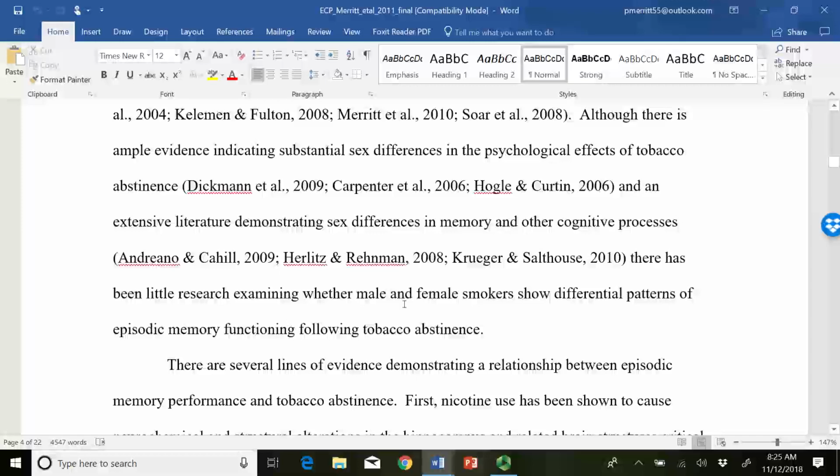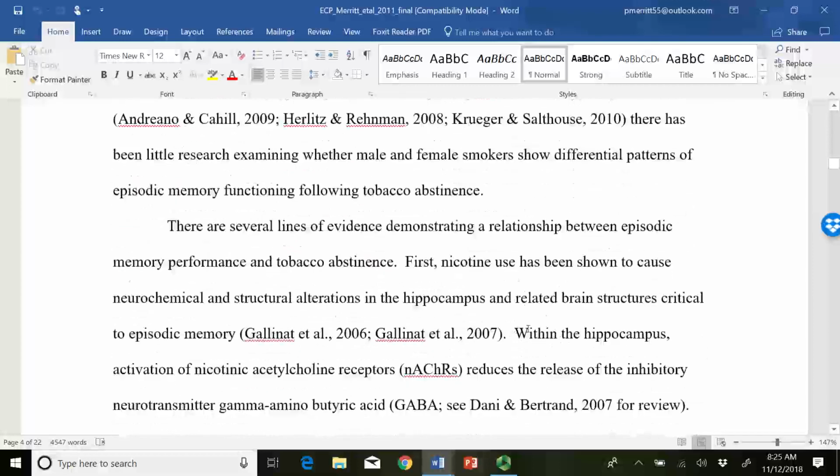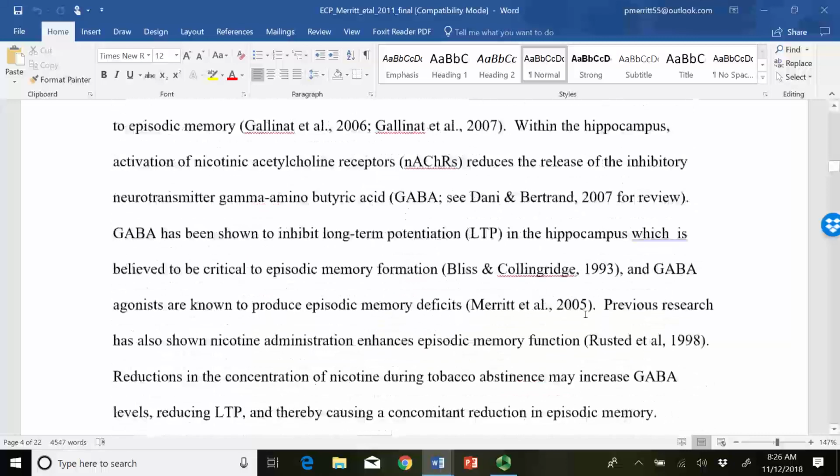So there's been little research examining whether male and female smokers show differential patterns of episodic memory functioning following tobacco abstinence. Now we lay out the evidence for why we think this is an important study. So we start broadly, episodic memory and tobacco abstinence. So I review that work.